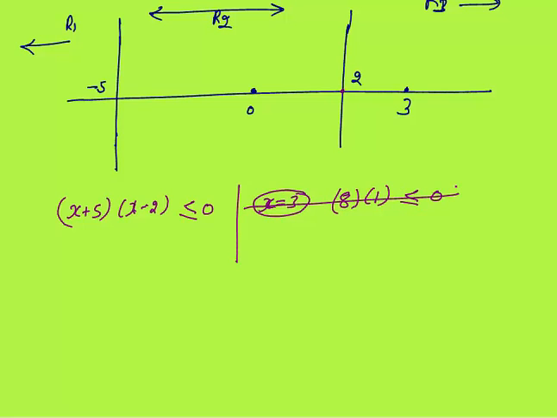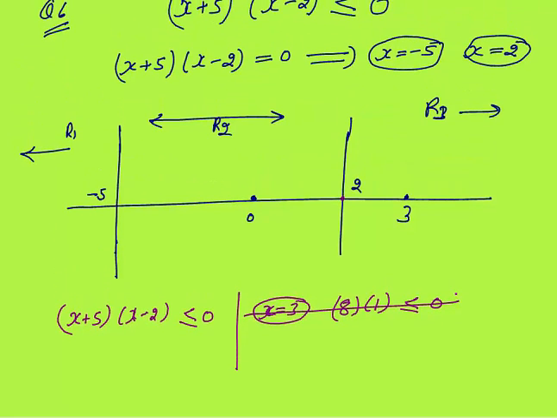So it means that you check only one value. If 3 does not satisfy, it means that all values greater than 2 will not satisfy. This region will not satisfy. You have to check only one value. Check one value between minus 5 and 2. I am checking 0, easiest. At x equals 0, 0 plus 5 is 5, 0 minus 2 is minus 2.